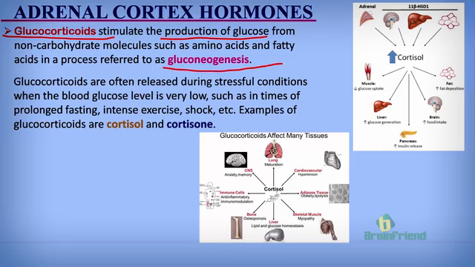They produce glucose from non-sugar molecules such as fatty acids and amino acids. Glucocorticoid is often secreted when the blood glucose level is lower than it should be, in stressful conditions such as times of prolonged fast, rigorous or intense exercise, times of shock, or any other condition that would result in decreased concentration of blood glucose.